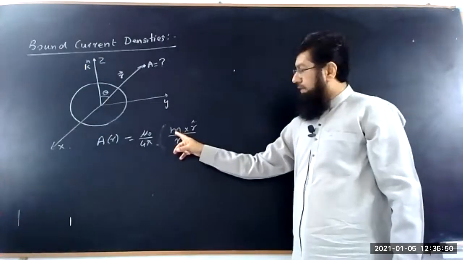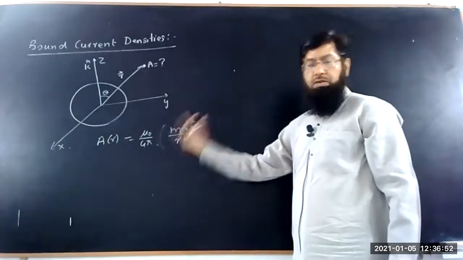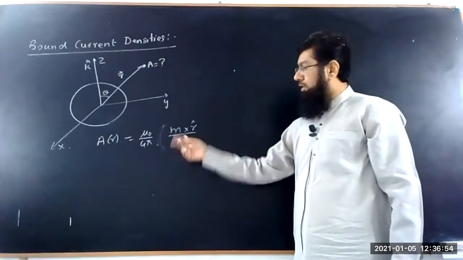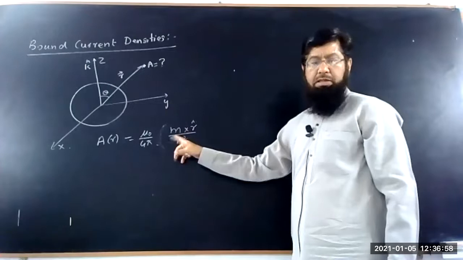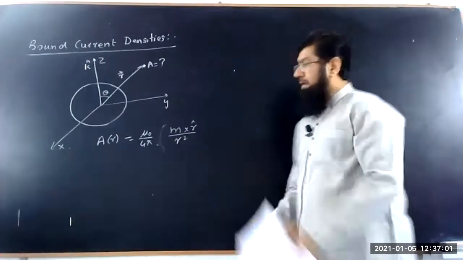Clear? Instead of a dipole, we can write it in the form of the magnetization of the material. So this magnetic dipole moment can be converted into the magnetization.